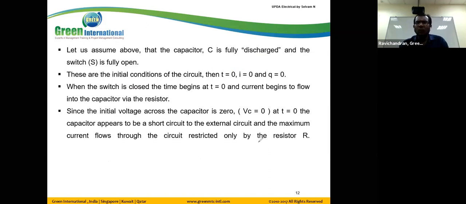Later on, depending upon the capacitor rating, the voltage will charge.